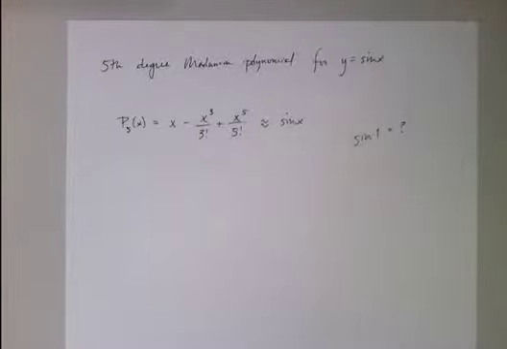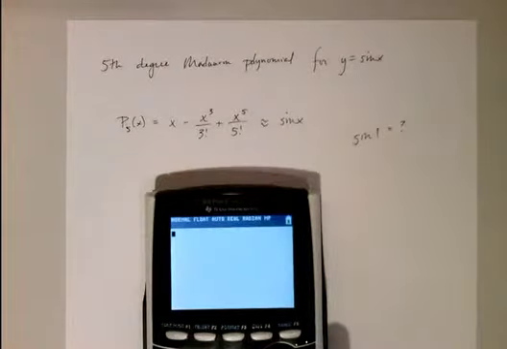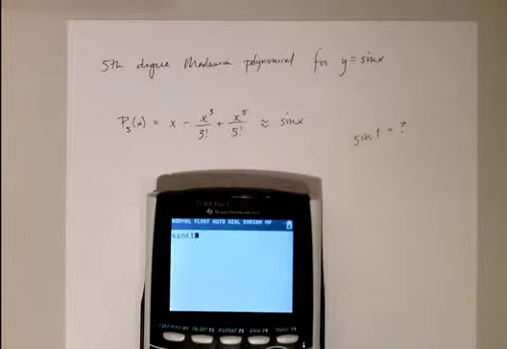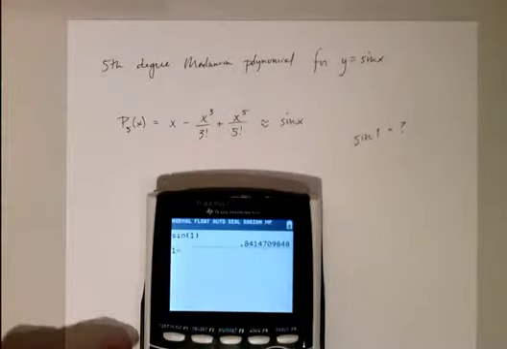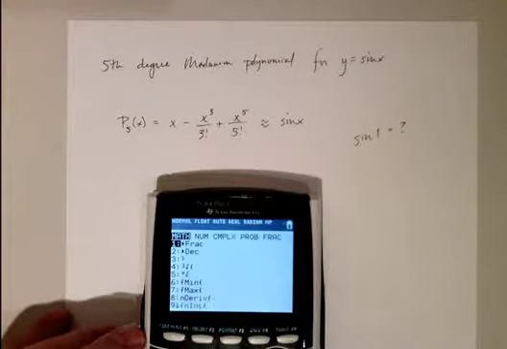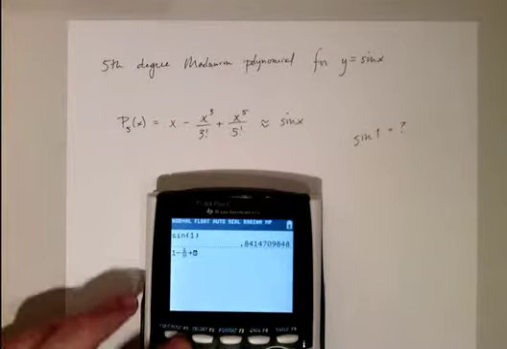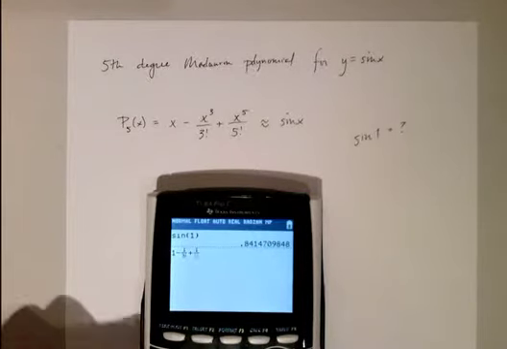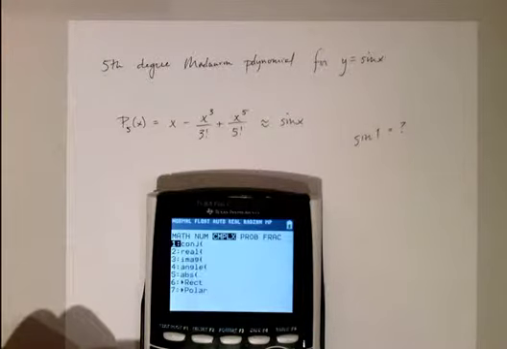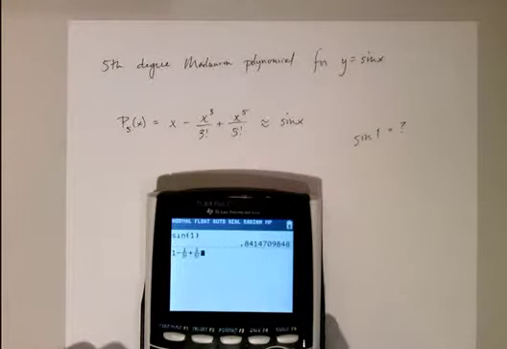Okay, well, let's go ahead and actually plug that in and see what happens. Since we have our calculator right here, we can do sine of 1, and then 1 over 3 factorial plus 1 over 5 factorial.